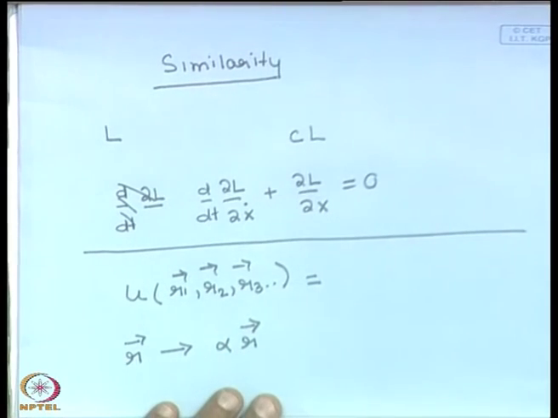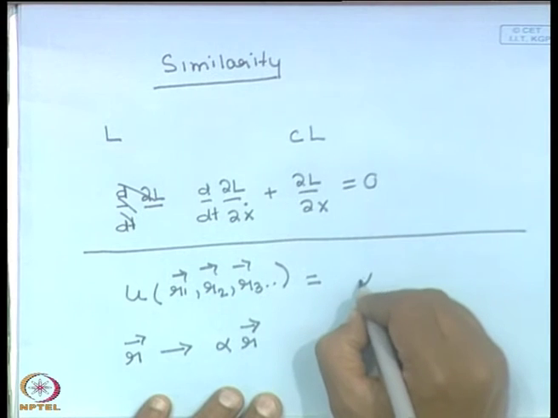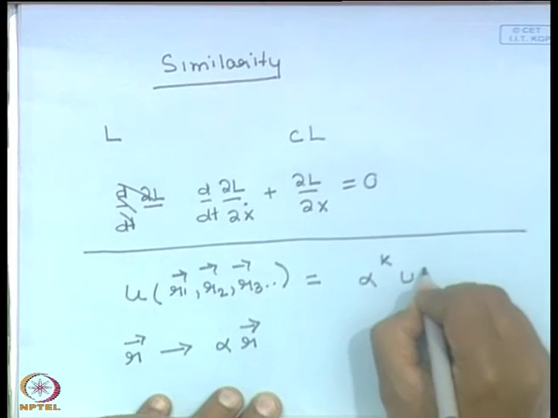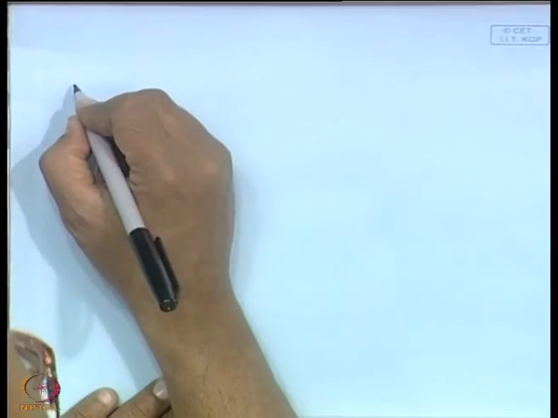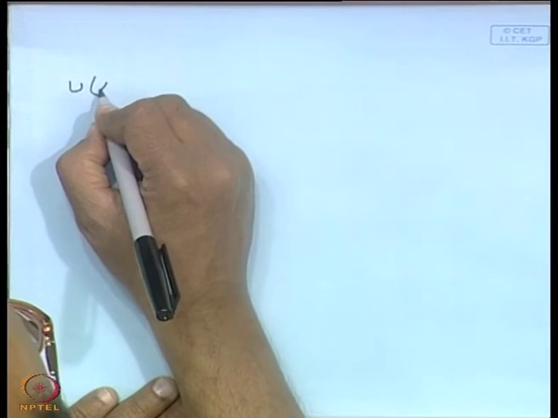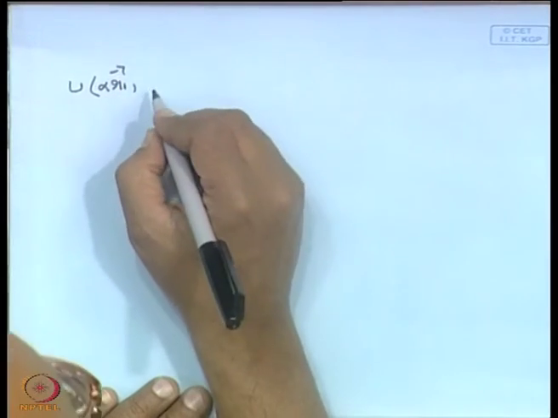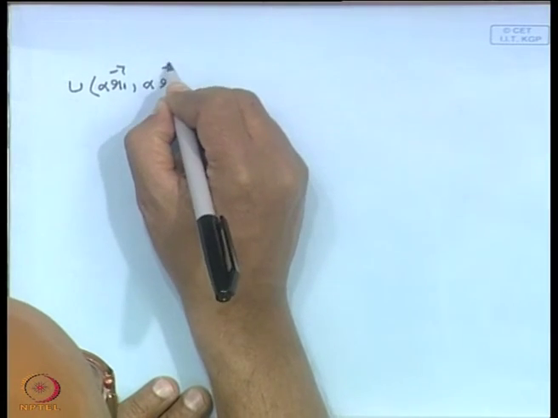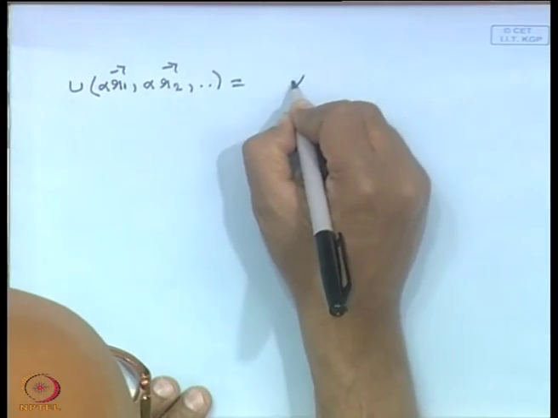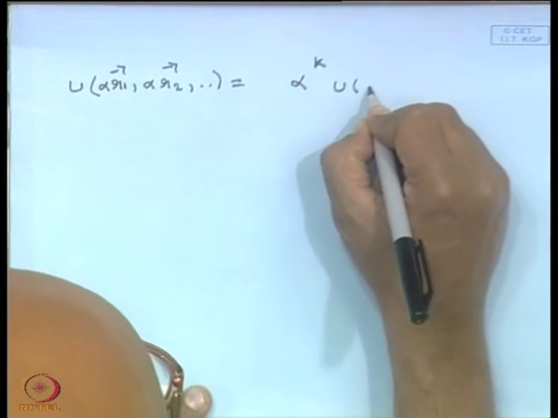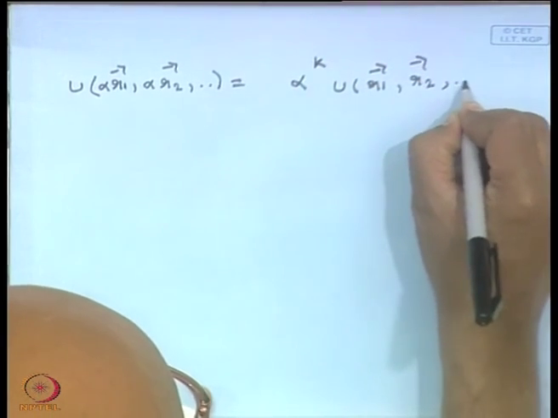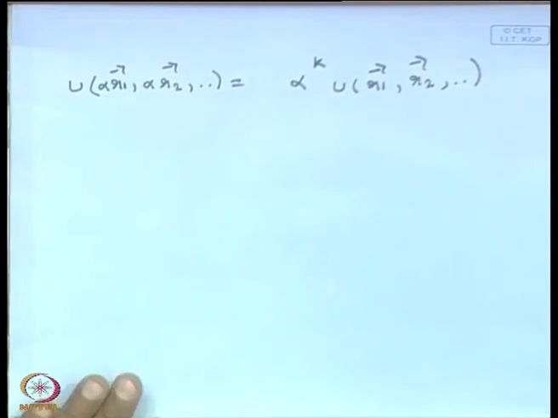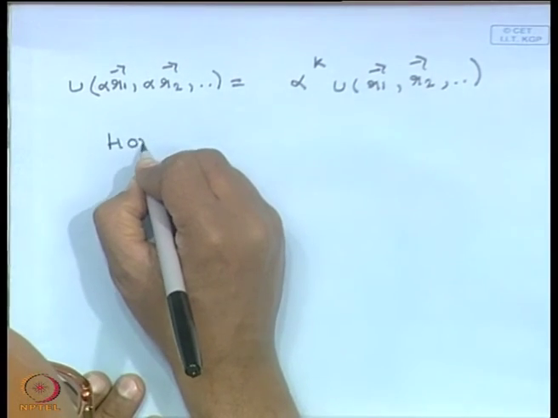It is homogeneous of degree k, which means that U of alpha r1, alpha r2, etc. is equal to alpha to the power k U of r1, r2.